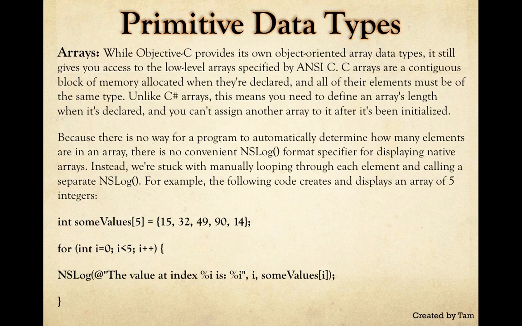Unlike higher-level arrays, this means you need to define an array's length when it's declared, and you can't assign another array to it after it's been initialized, because there is no way for a program to automatically determine how many elements are in an array.